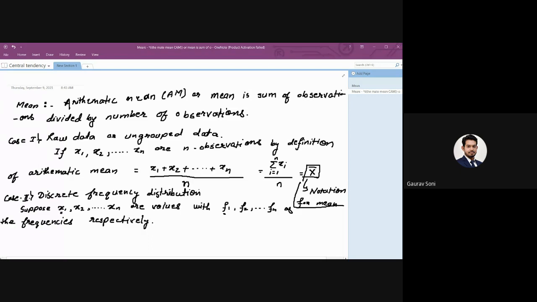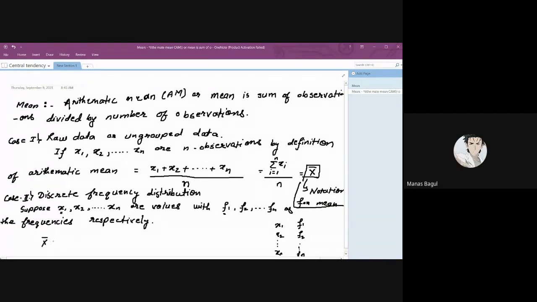So, does anyone know how to give the mean for this? Yep, summation xi fi upon summation fi, from 1 to n. Can someone explain why so?